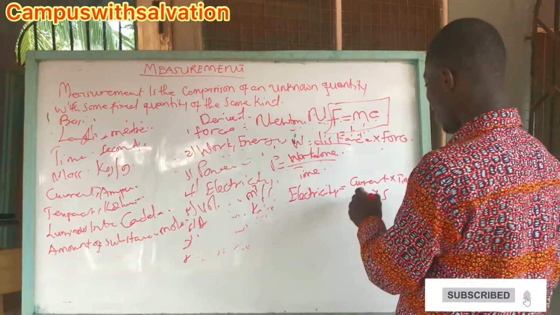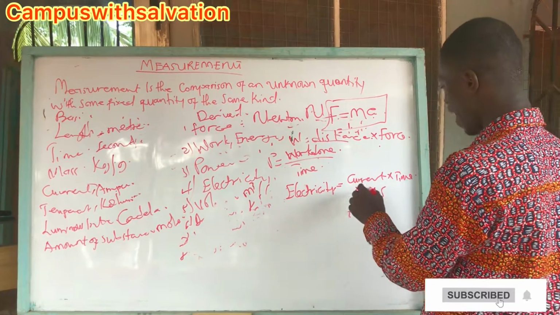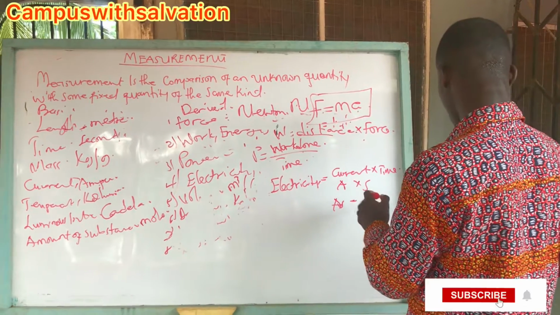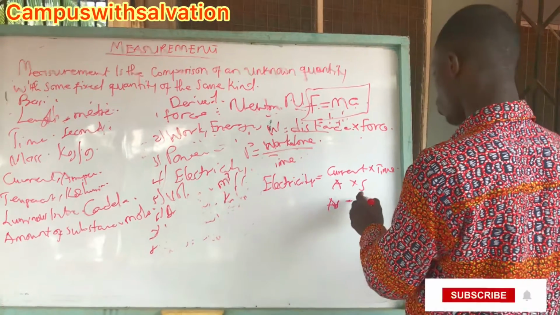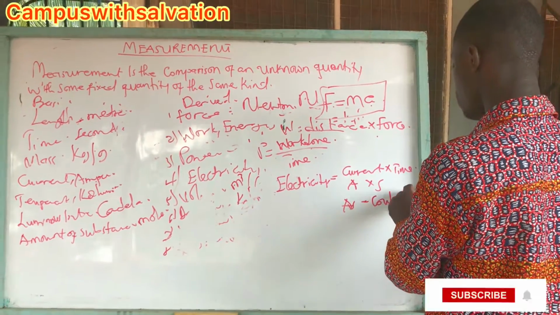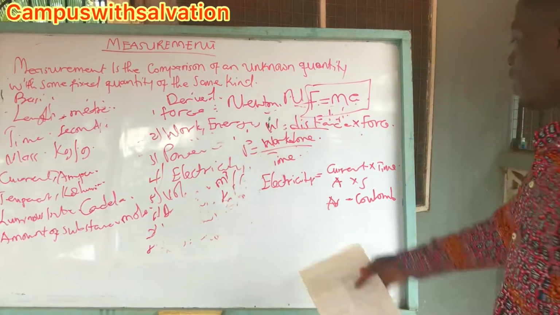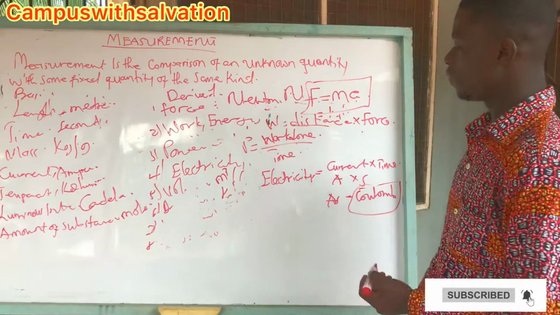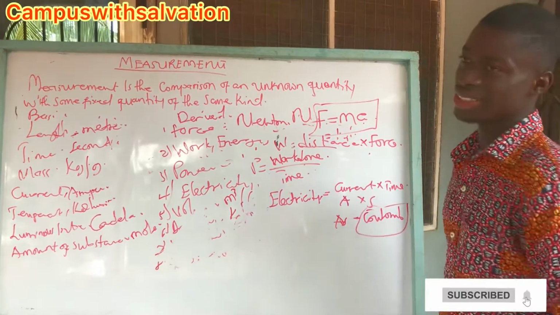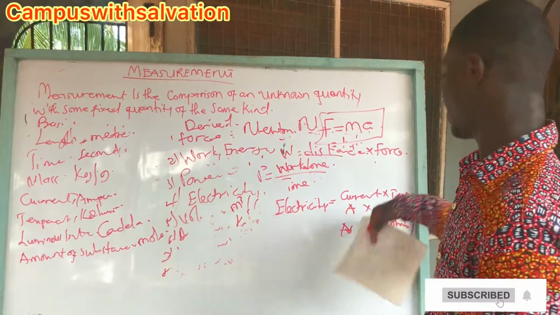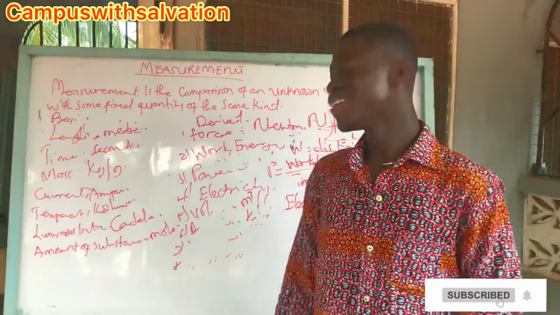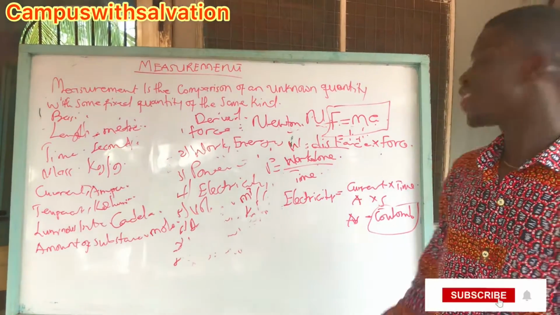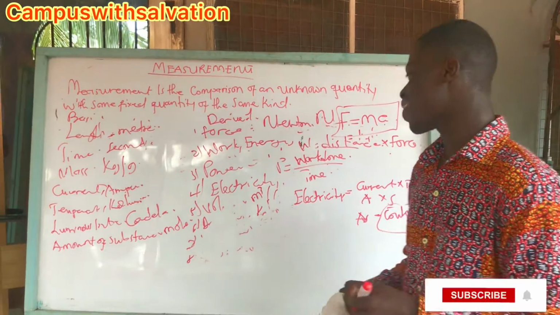Multiplying the ampere by seconds gives coulomb. So after calculating electricity, we leave the SI unit with the figure. A times s, ampere times second, will give you coulomb. Instead of writing A s in a complicated form, you can just write coulomb as your SI unit.